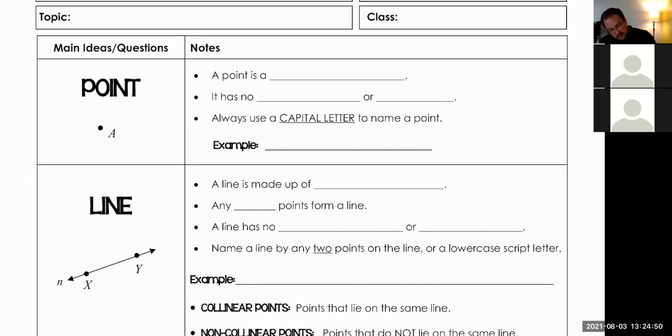So on this next page, again, I know we've defined most of these already at the very, very beginning. These are slightly more detailed with a little bit of extra information for us. So here, first one, point, which is identified there for us. A point is just a location. It has no size or shape.